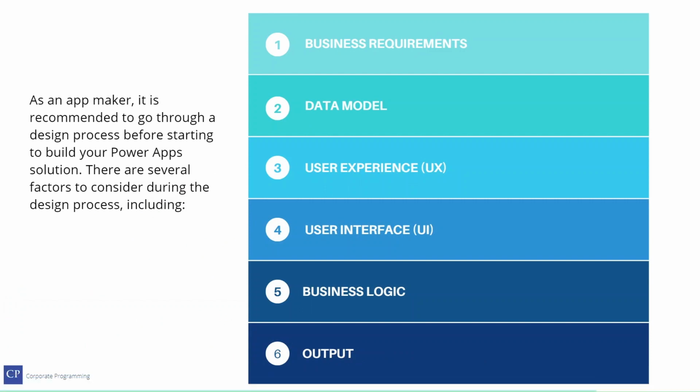As an app maker, it is recommended to go through a design process before starting to build your Power Apps solution. There are several factors to consider during the design process, including business requirements, data model, UX, UI, business logic, and the output, the final outcome of your development process.